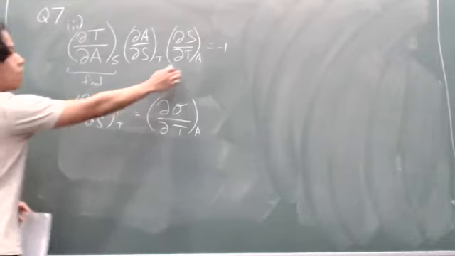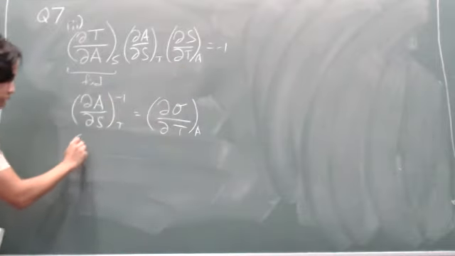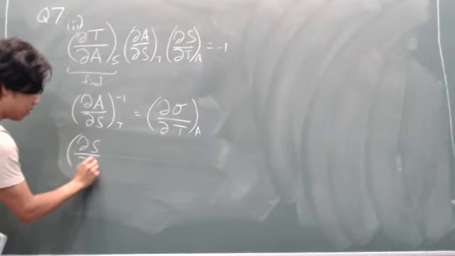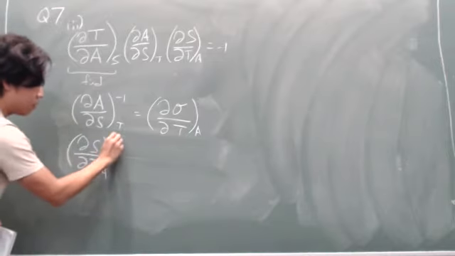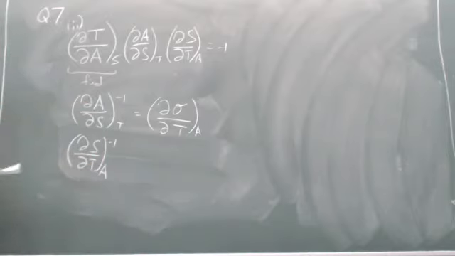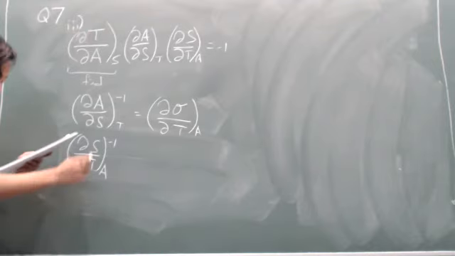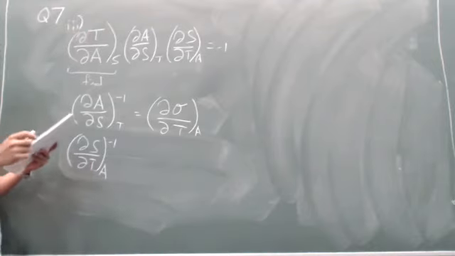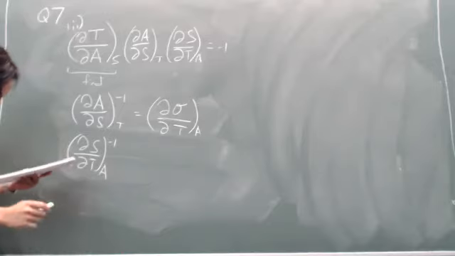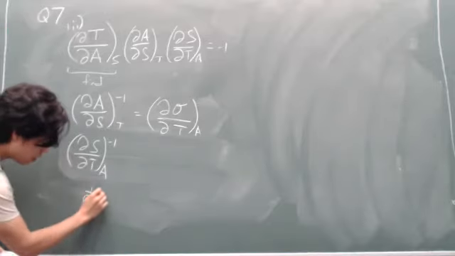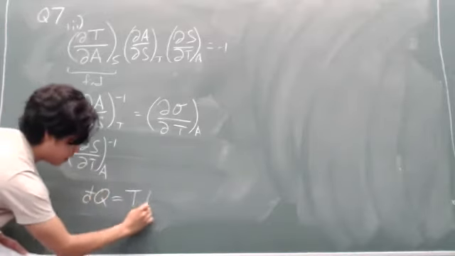Okay, and the last one is dS/dT at constant A, with -1 because we want to take the other side. This one, you have to think about again with the expression for heat. So dQ is equal to T dS.